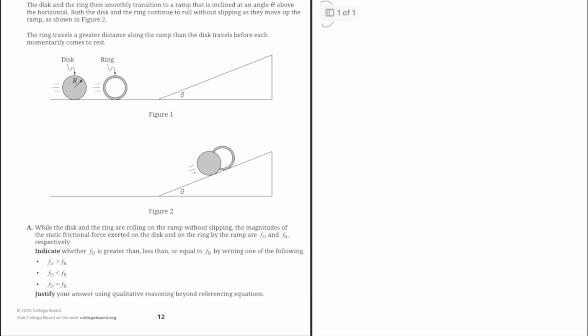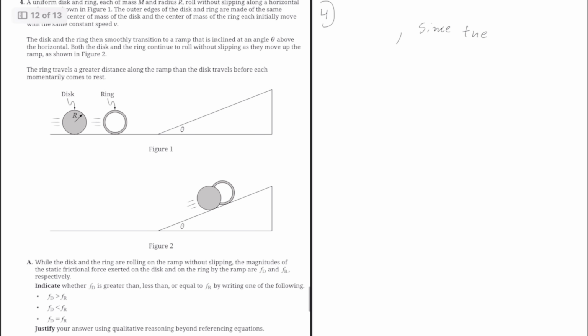I'm going to leave space because here I'll write Fd is whatever. So I'll just use my reasoning. I'm going to use Newton's second law. It tells us the ring travels a greater distance along the ramp than the disk before each momentarily comes to rest.